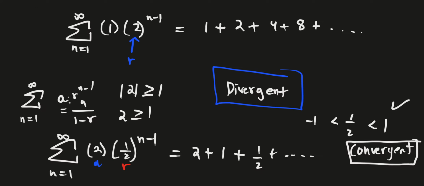So if you were to write it out, you would get 2 divided by 1 minus 1/2. Let's just double check. 2 divided by 1 minus 1/2 is 2 divided by 1/2, which is just 4.